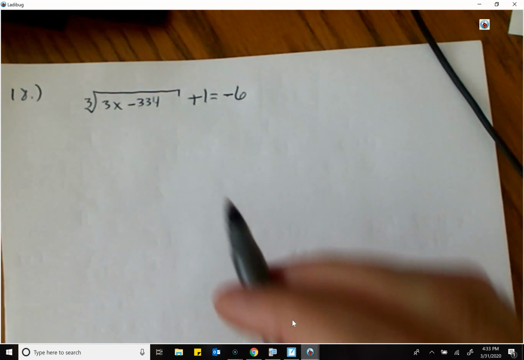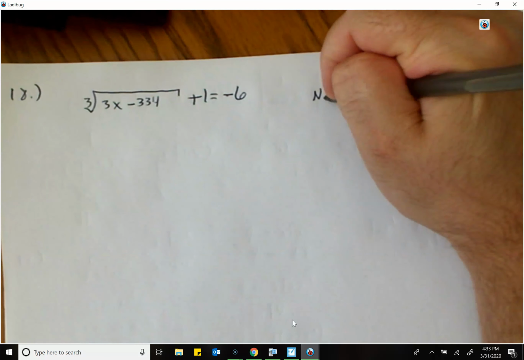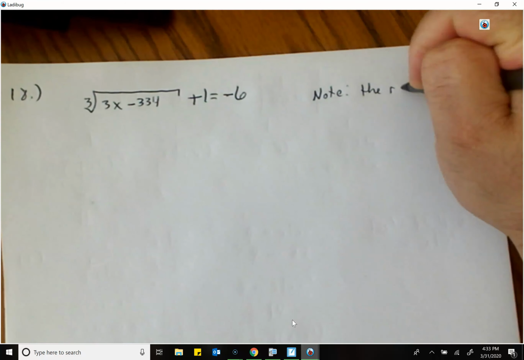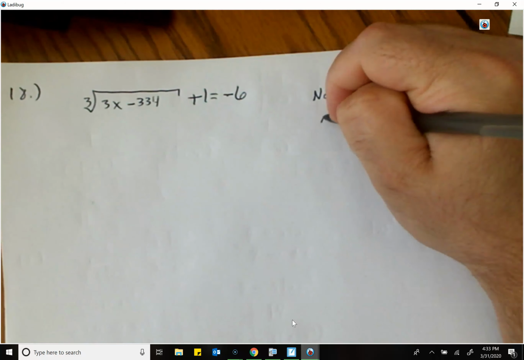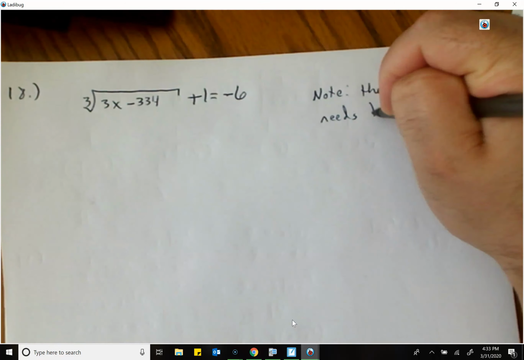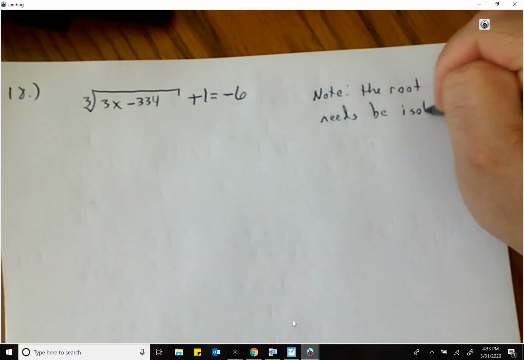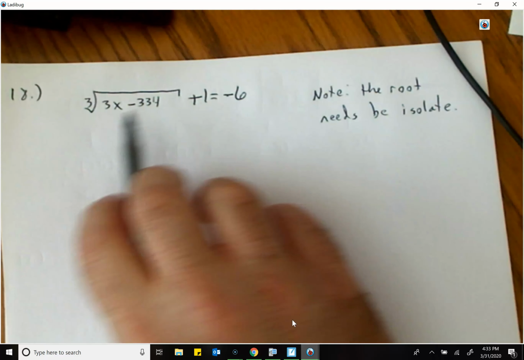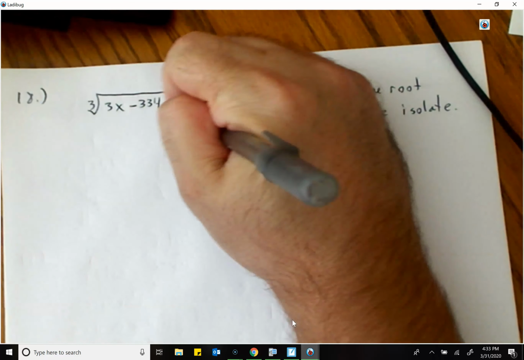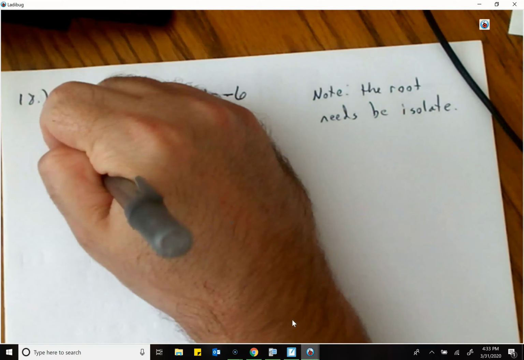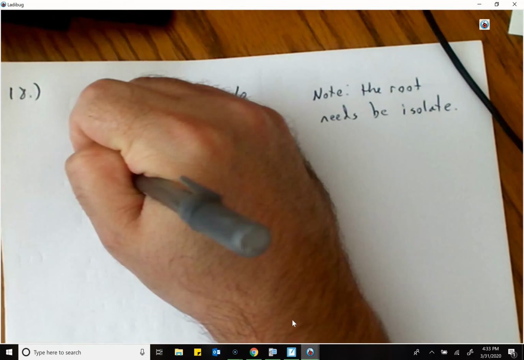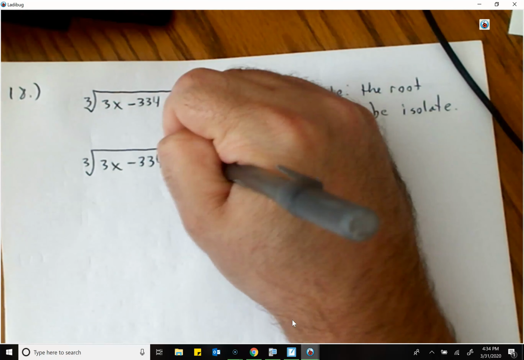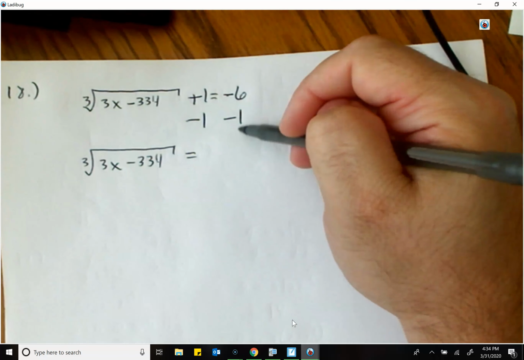Well, the first thing is, with all of these, as a note, you need to get the root isolated. You got to get the root by itself. That's important. So I got to get rid of this plus 1 over here. How do I get rid of the plus 1? Subtract 1. So that gives us the cube root of 3x minus 334 equal to, well, negative 6 minus 1 is a negative 7.